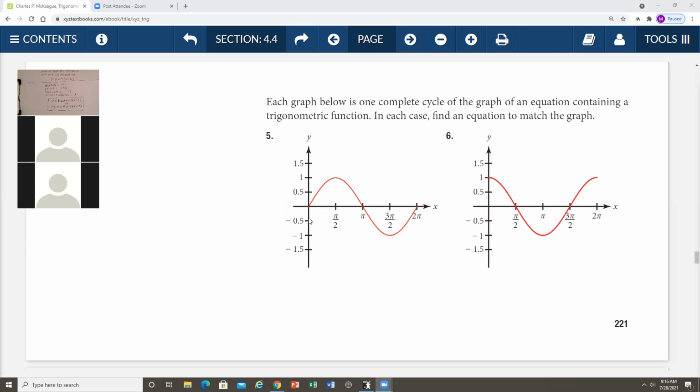So if we have memorized the graph of the basic sine, the basic cosine, the negative sine of x, and the negative cosine x, it's going to greatly aid our ability to write the equations of other sine and cosine functions that deviate from the basic ones.